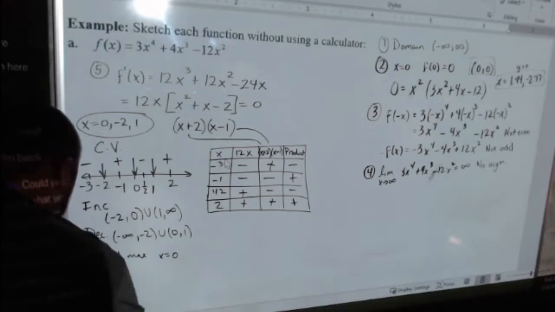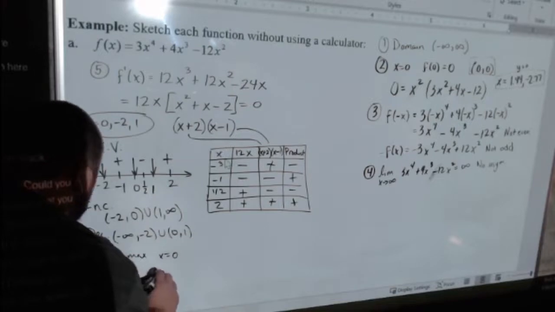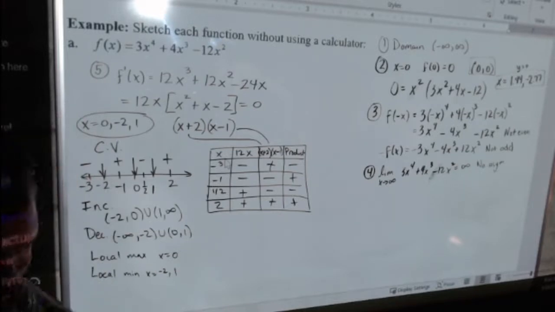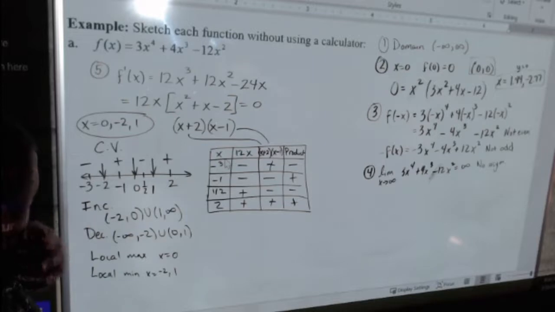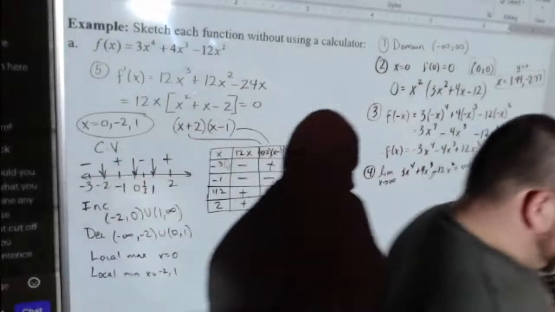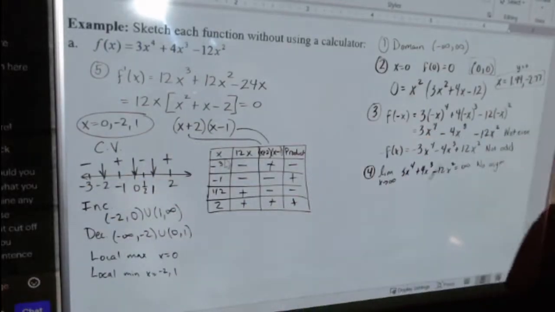And then we've got local mins at x equal -2 and +1. So as you can see, we're getting a lot of information here. We've still got to do the second derivative test.